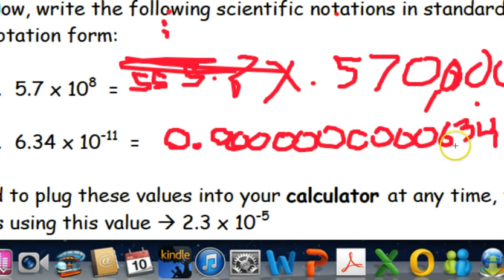So if you count them up, the decimal was originally here, right? And we had to move it 11 places. So that's our answer.